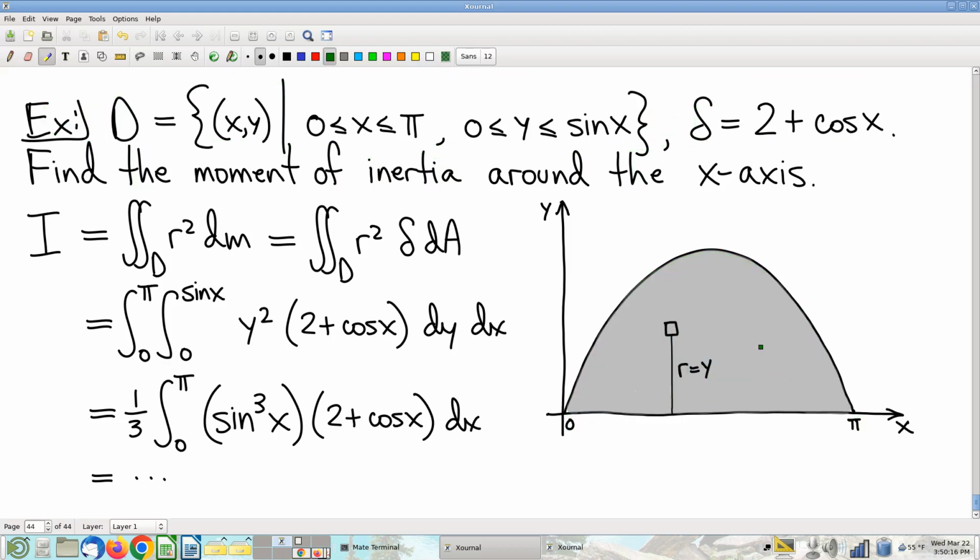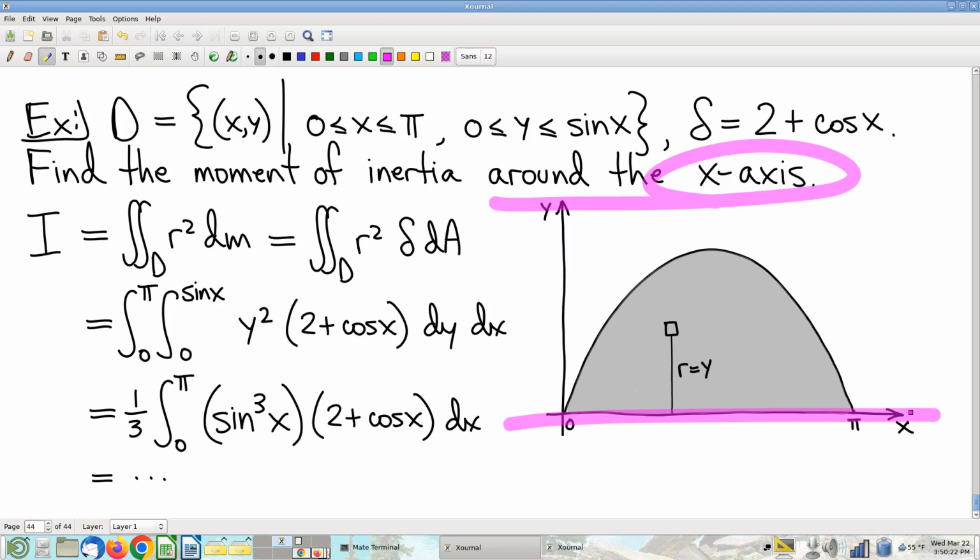And what I want to do is imagine that that's rotating around the x-axis. Or, correction, I want to imagine that this might someday be rotating around that x-axis. It doesn't actually have to be moving at all. But were it to be moving around the x-axis, what would be the moment of inertia? What is its moment of inertia around the x-axis?